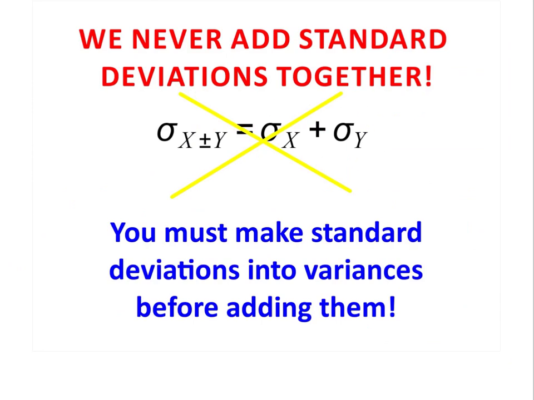We can't do that. We have to make them into variances before we add them, because if you do the math, you'll see it gives you a really different answer. We have to square them to make them into a variance and then add them together. So make sure you get this down, that this has a big X in it. We don't want to do that, and it's a super common mistake. So don't fall into the trap of adding standard deviations together.